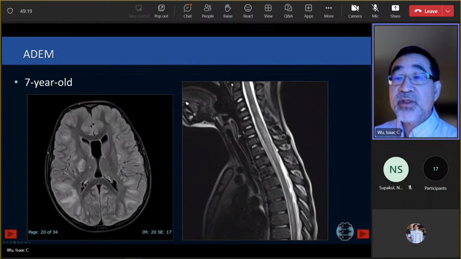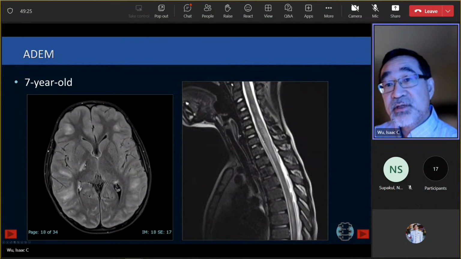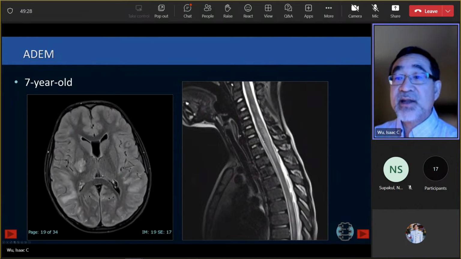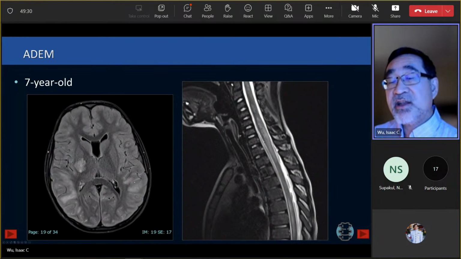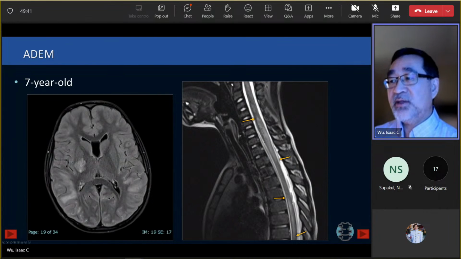And ADEM, more than anything else, compared to, for example, MS, likes to go to gray structures, central gray. So involvement in the basal ganglia makes me think of ADEM more so than, say, MS. And here again, it's a longitudinally extensive transverse myelitis, so long segmented.